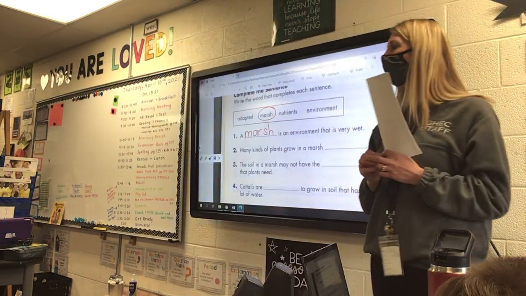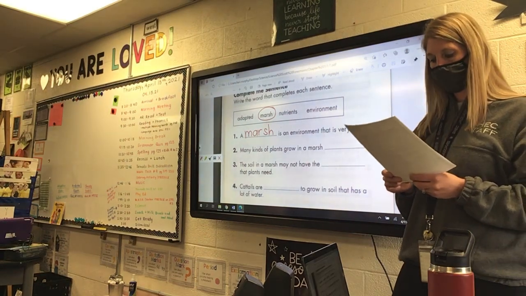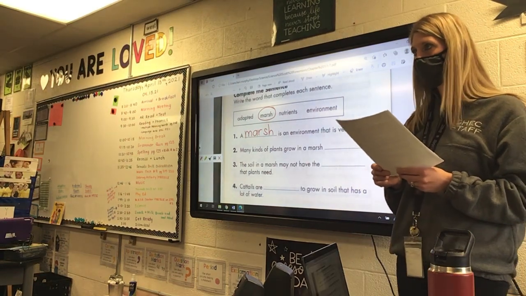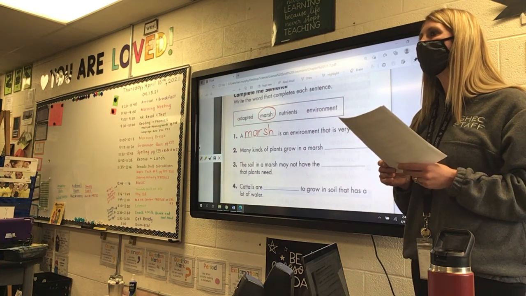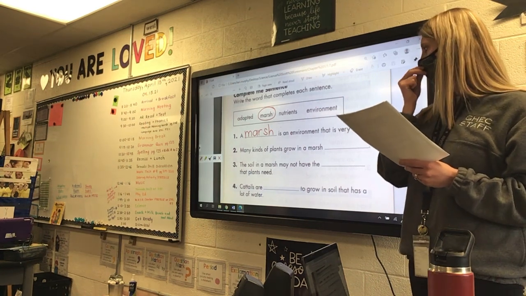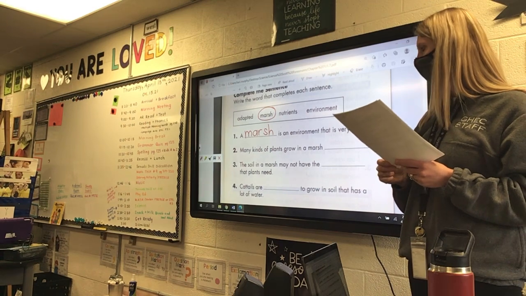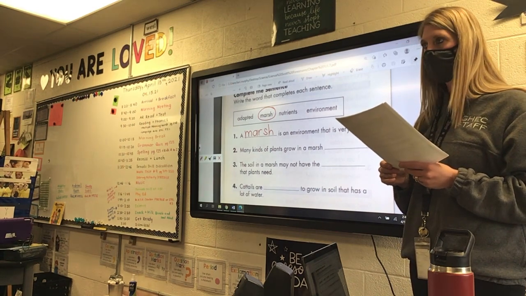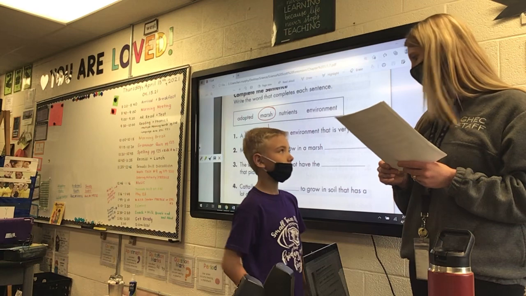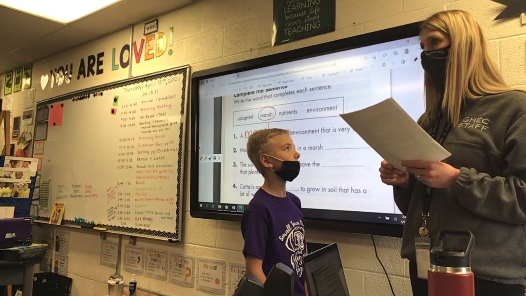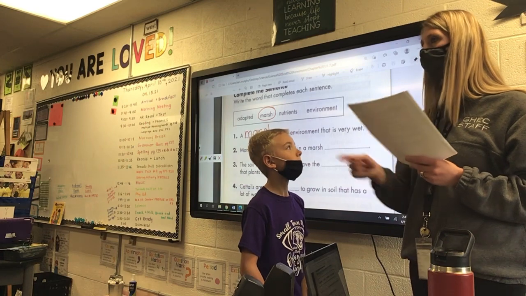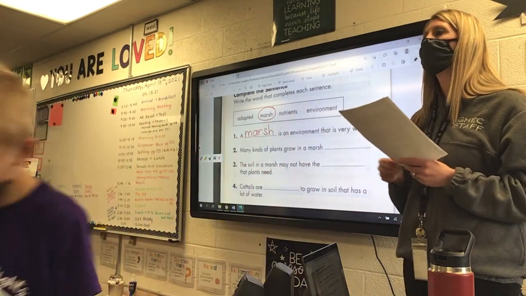Number 2, Lila, read that, please. Many kinds of plants grow in a marsh. Marsh, we just did. Oh, Miss Murphy, I know what it is. Can I go up and write it? I'm going to do it today.